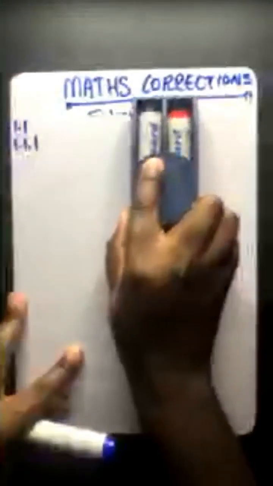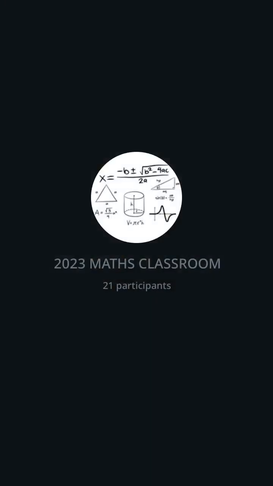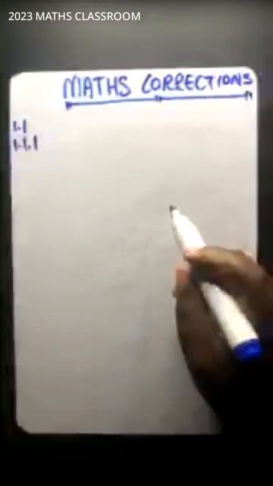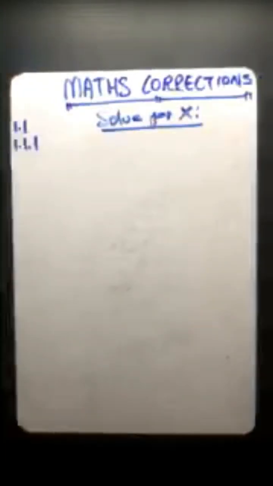Okay, if you joined when we started with this lesson, I did indicate that I'll just do one question for grade 12 quickly, and once I'm done, I'm going to move on to a question for grade 11. And most importantly, grade 11 and 12 are one and the same thing.